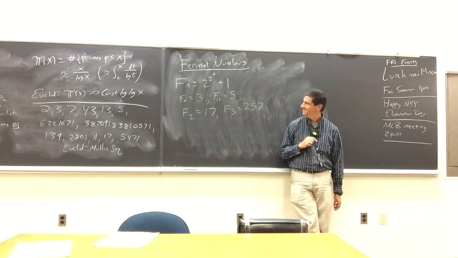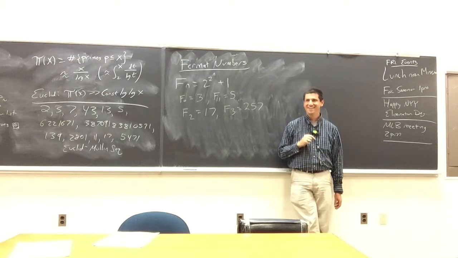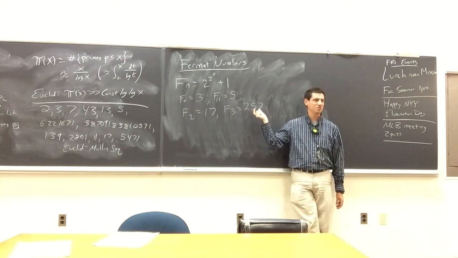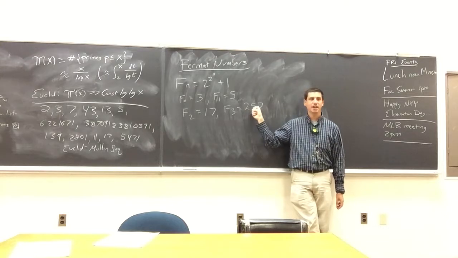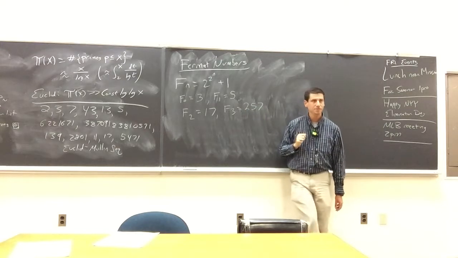Seems reasonable. Is it a multiple of 3? No, the sum of the digits is not a multiple of 3. Is it a multiple of 5? No, clearly not. It's not even. If you want to check 11, 2 plus 7 is 9, minus 5 is 4. It's not a multiple of 11. So you can check.